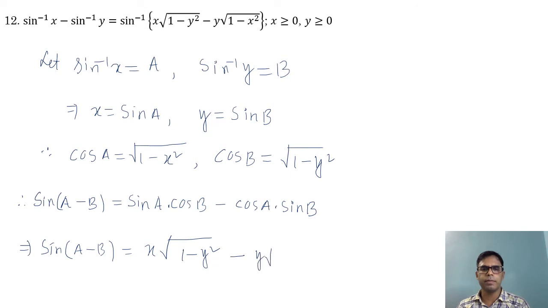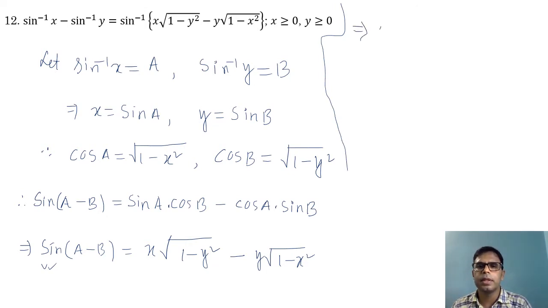So I write y times root over 1 minus x square, and after that just take the sine on the right hand side as an inverse function, you see here. So that implies a minus b is equal to sin inverse of x root over 1 minus y square plus y root over 1 minus x square.